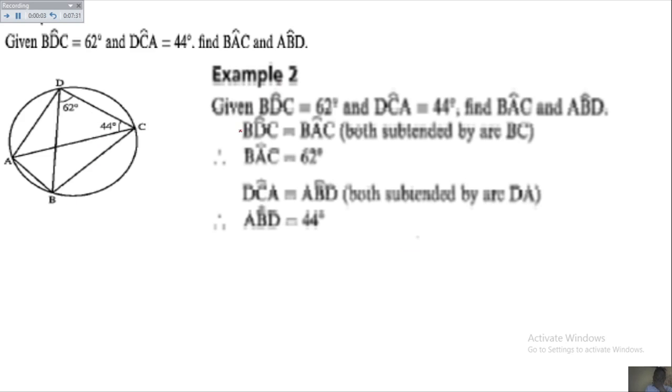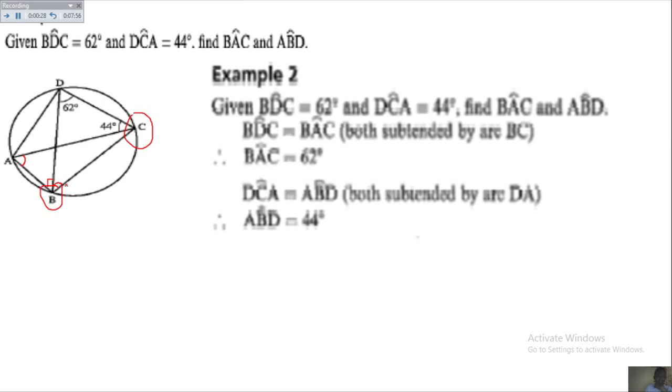Okay, this is also the same thing, but look at it. We're told to find BAC. You have to find this angle. Then you have to find what angle again? ABD. Now, for me to find BAC, I have to consider these two legs.